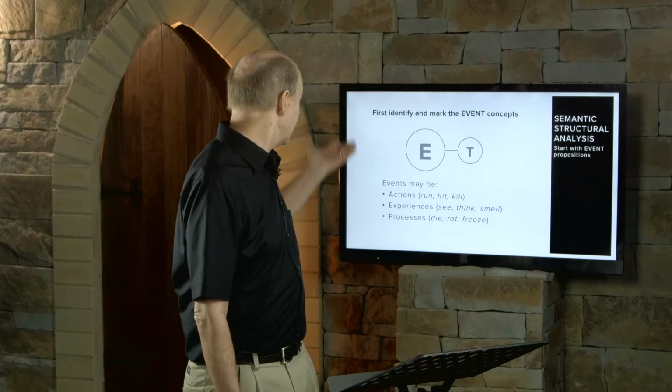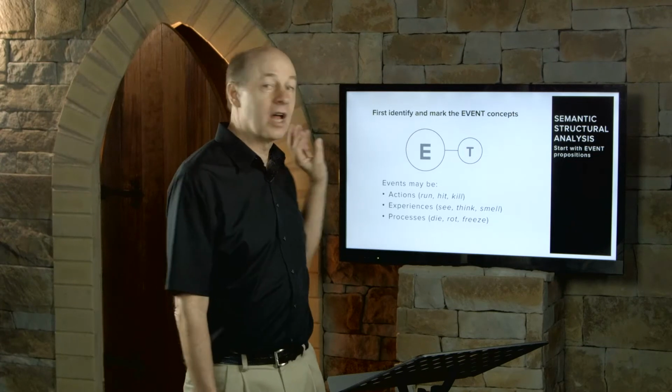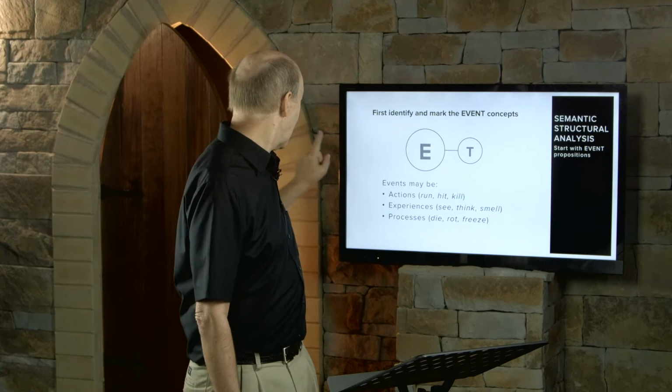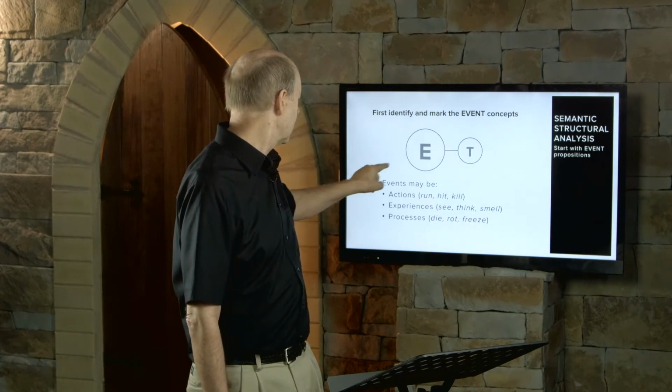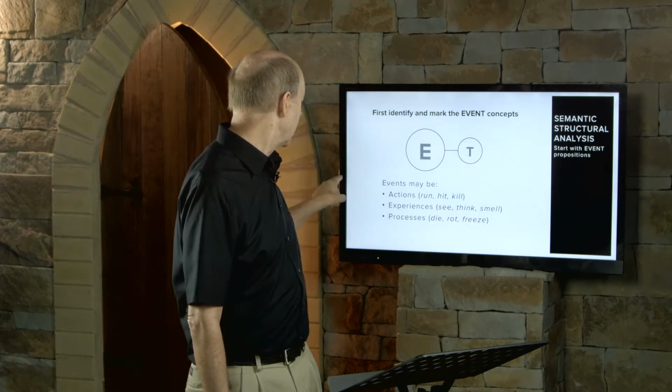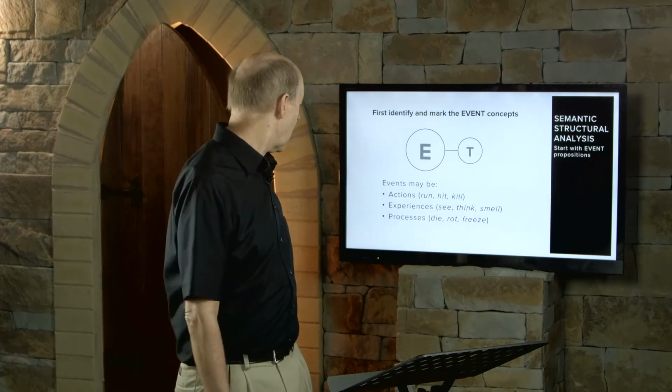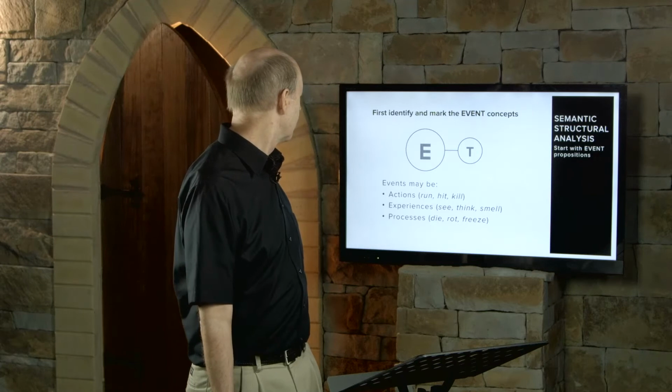And remember, semantic events, we're not just talking about the grammatical verbs. Semantic events include actions such as run, hit, kill, experiences such as see, think, smell, or processes like die, rot, freeze.